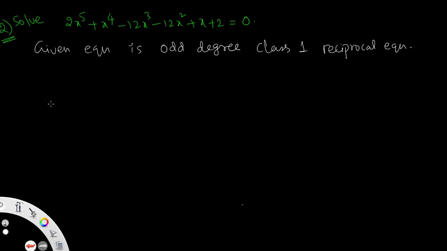Therefore the number of roots here is 5, and we have to find the 5 roots.